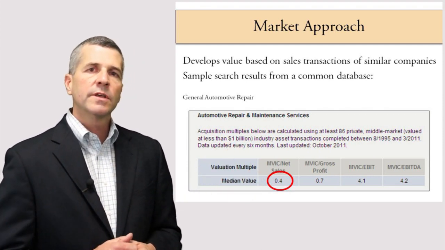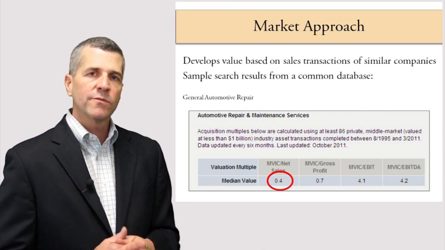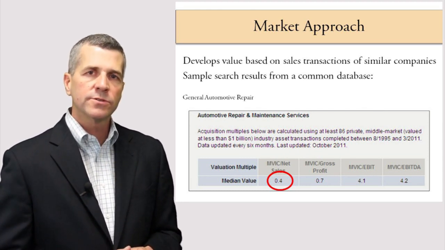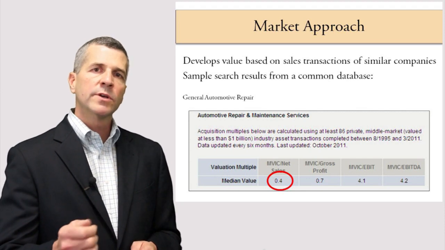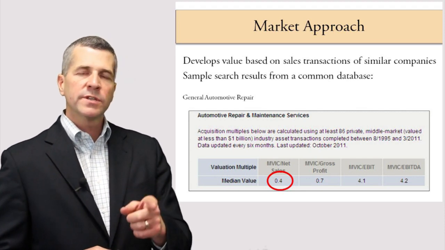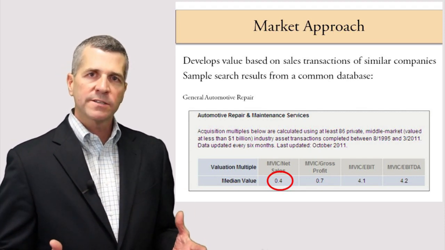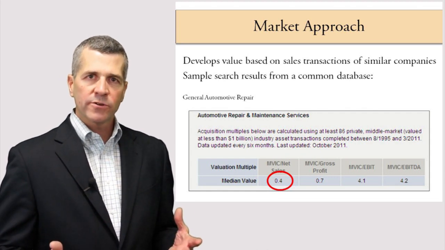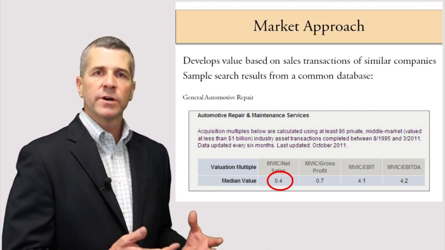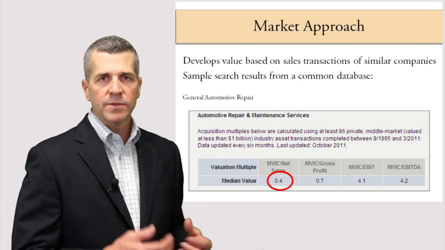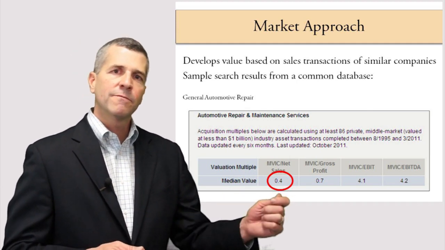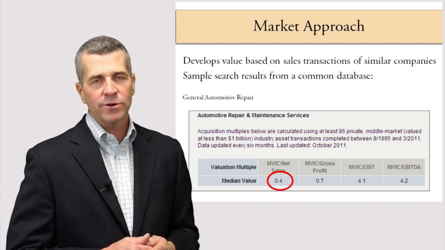So in other words, if you had an automotive repair shop and you had $1 million of sales, we would multiply your $1 million in sales by 40%, which is the average price that similar companies sold for in the marketplace, and we would get a $400,000 value. $1 million in sales times 40%, $400,000 value on the market approach.